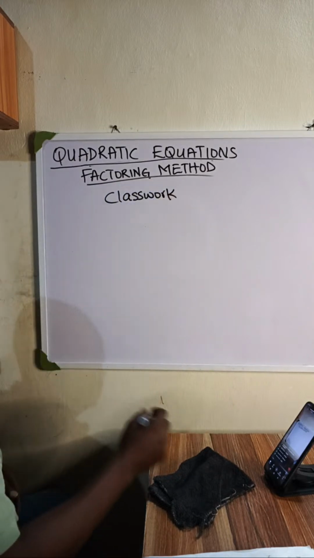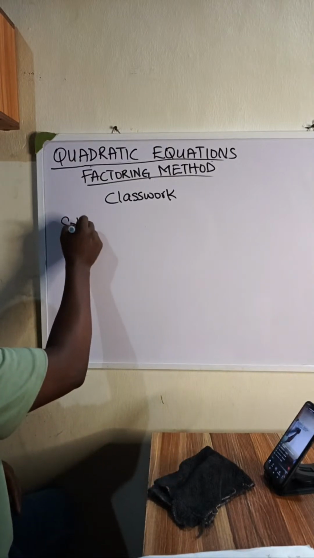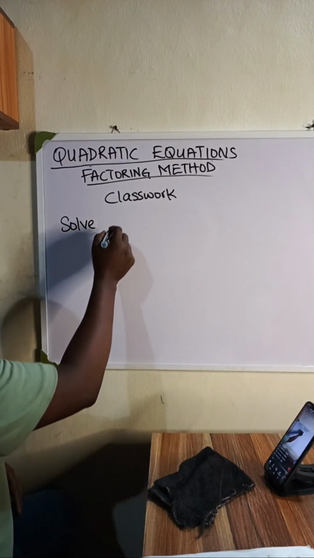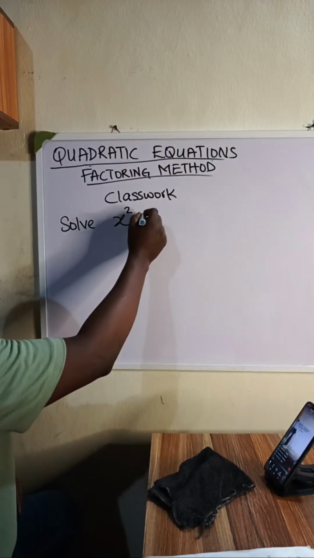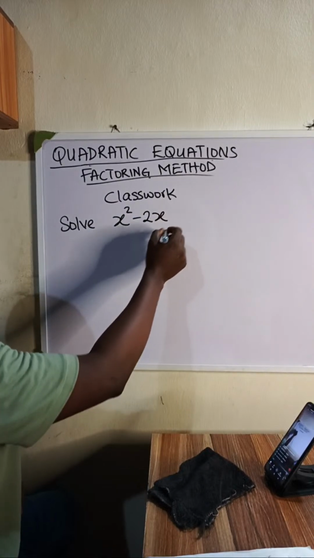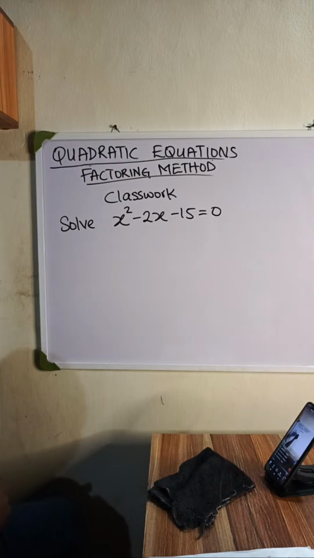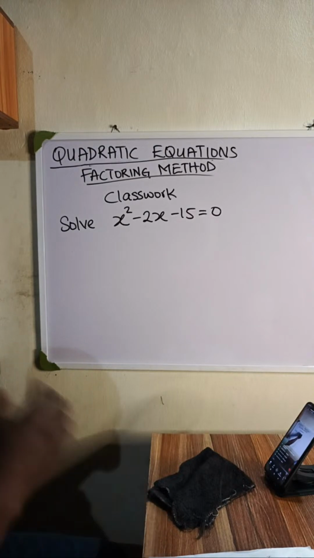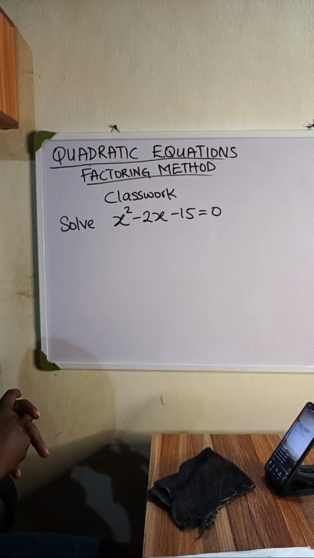But today you're going to solve it using the factoring method. X squared minus 2x minus 15 is equal to 0.